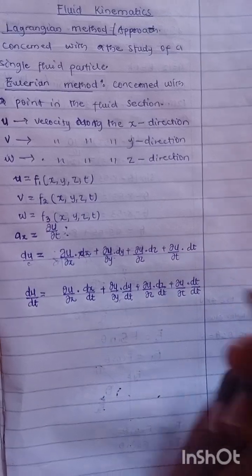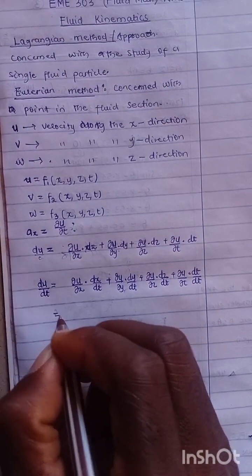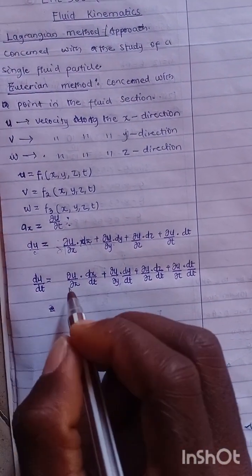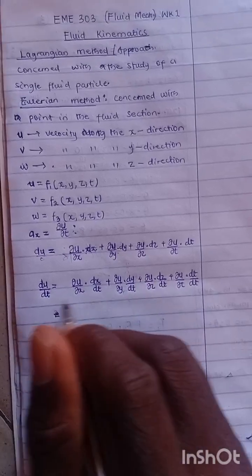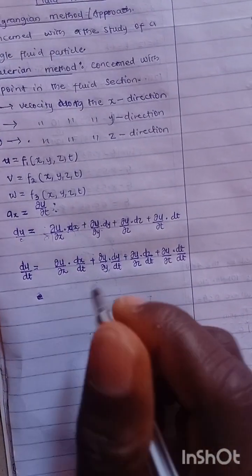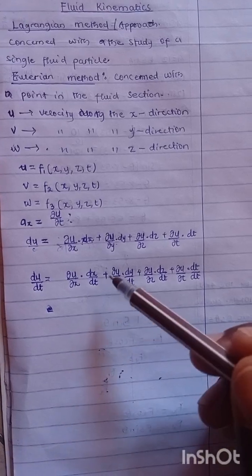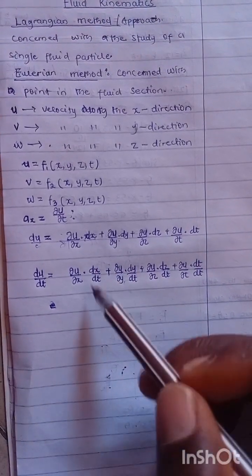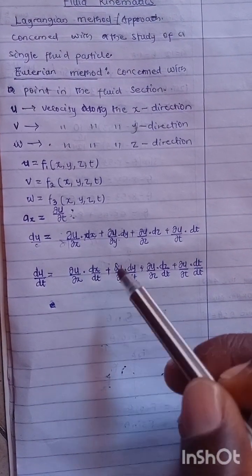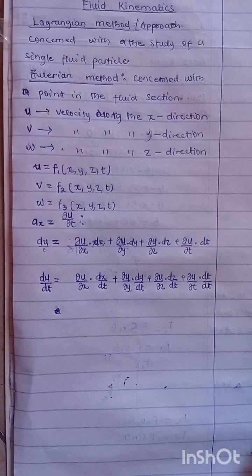Now I want to bring your attention to something. The x is actually the displacement in the x direction, and we know that the rate of change of displacement in the x direction gives the velocity in the x direction, right?